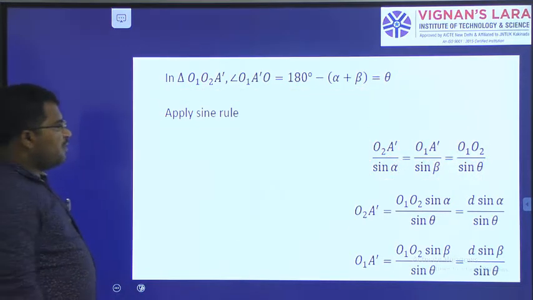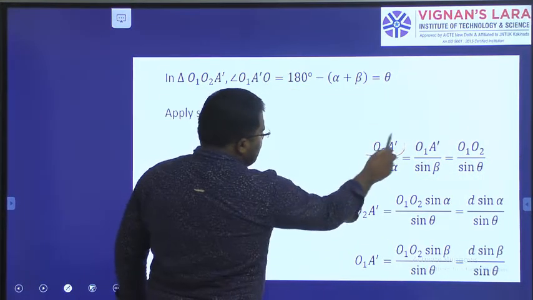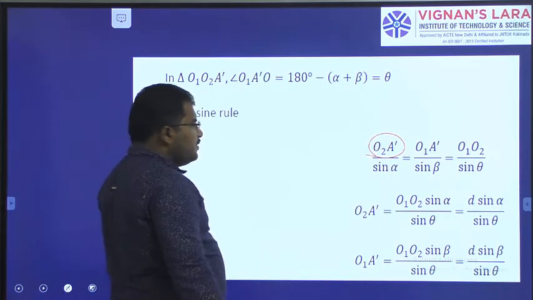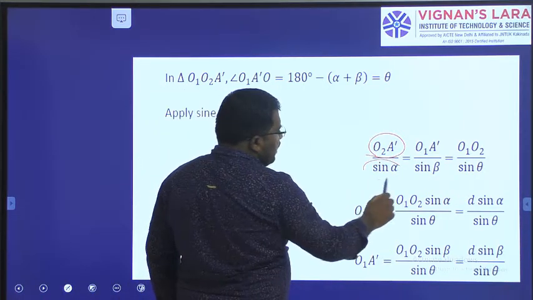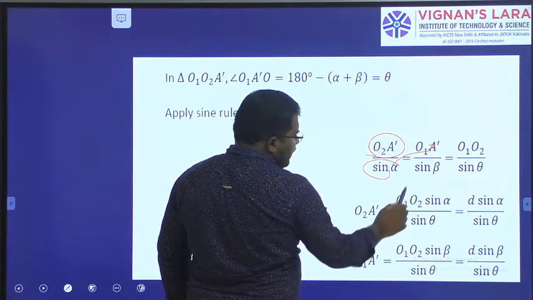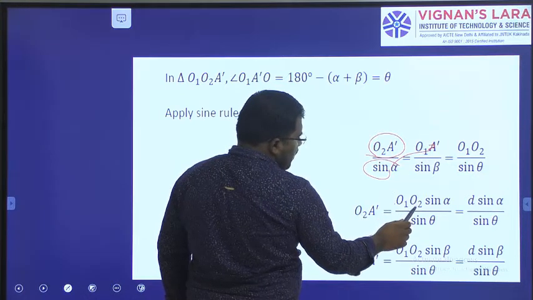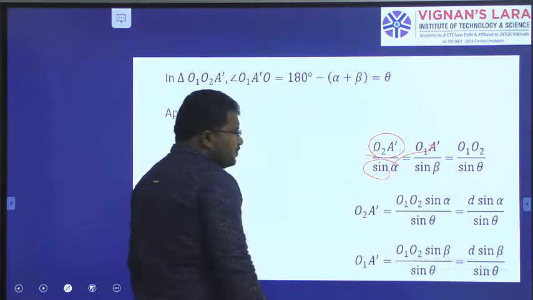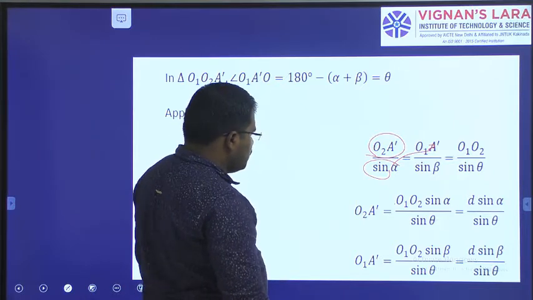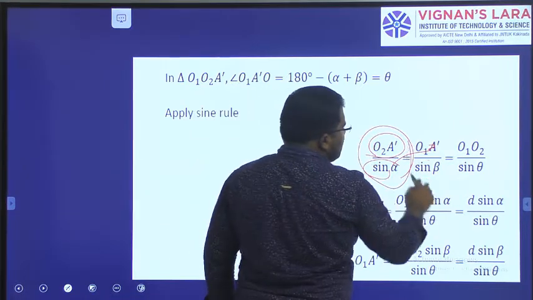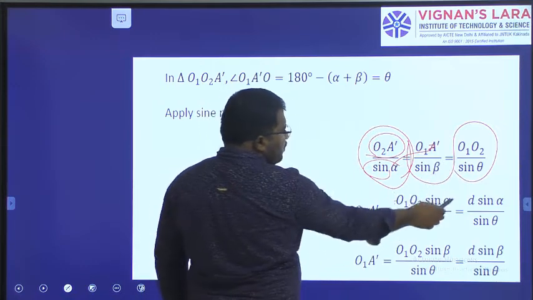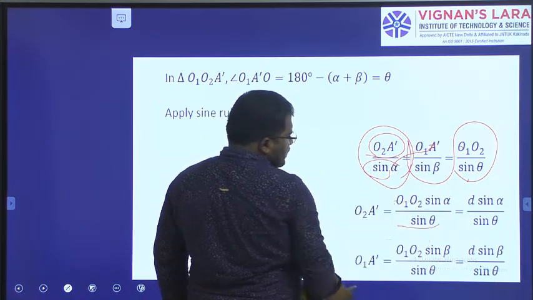So now from here you are going to take this O2 A dash. If you are sending the sine alpha to that side, finally it will become O1 O2 equals sine alpha divided by sine theta.